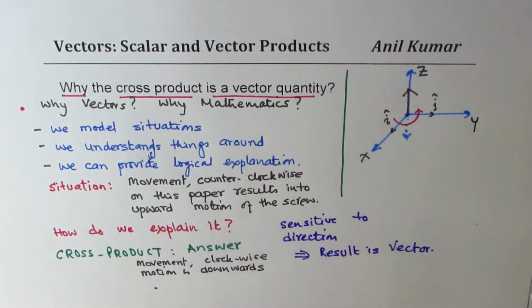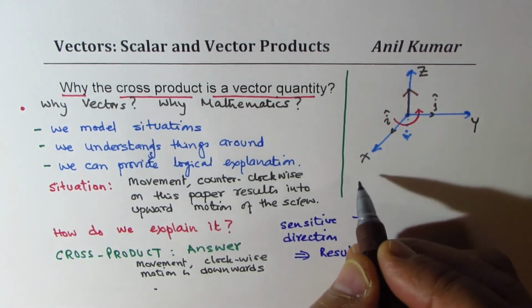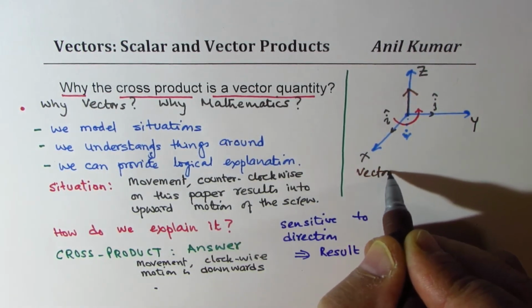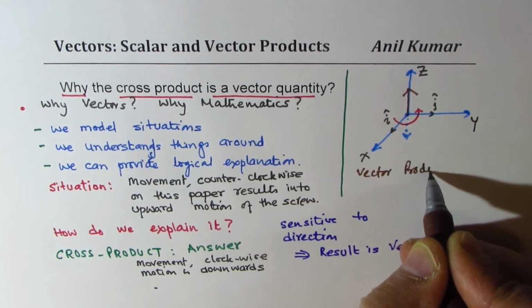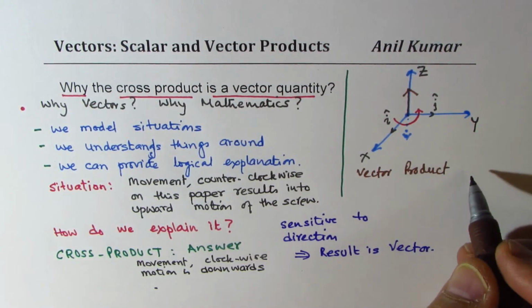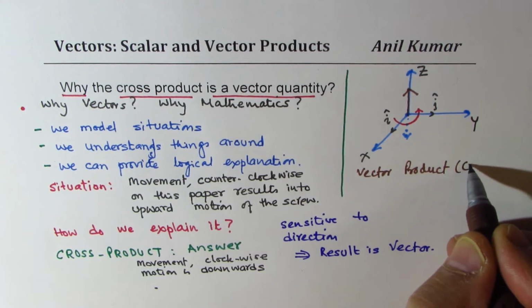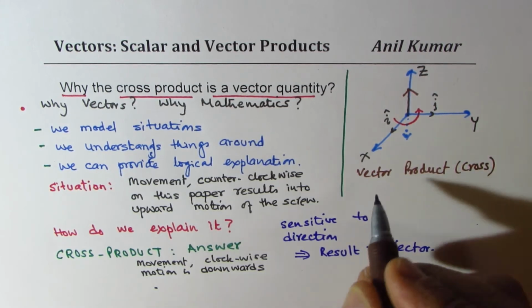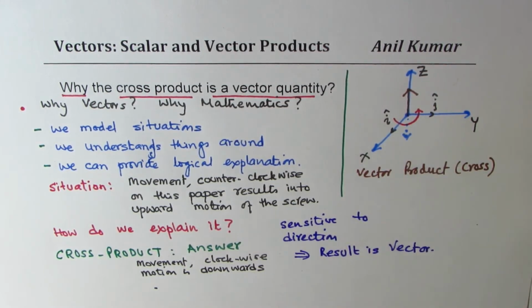It comes out of the paper, 3-dimensional, right? So the vector cross product, I should say, explains this situation.